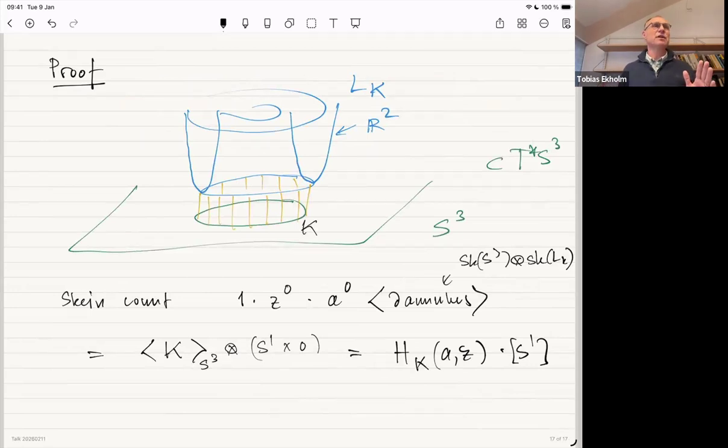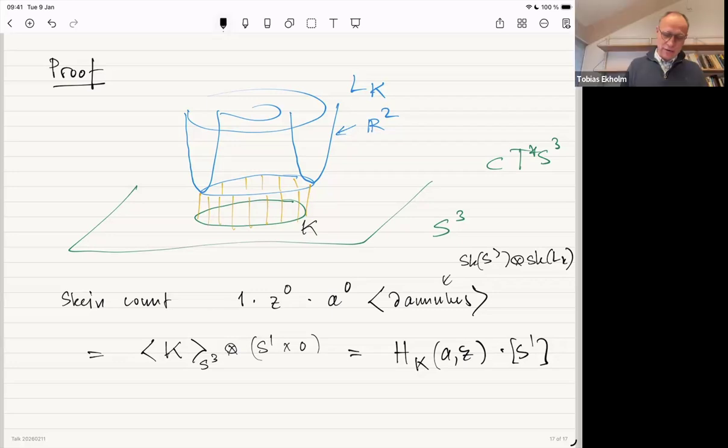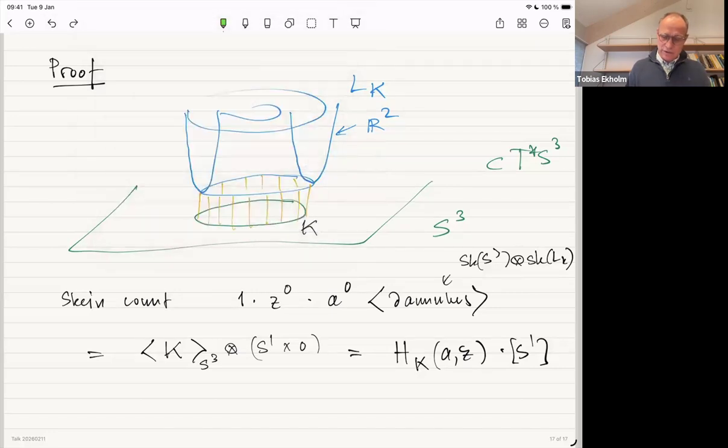And I first did the count now in T star S3, okay? And now I'm going to transfer this count by a trick known as SFT stretching. So there was some kind of shift here, let's say delta.